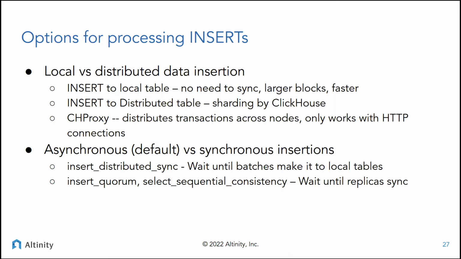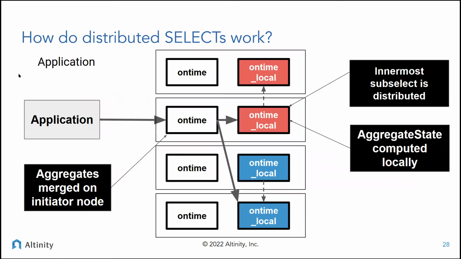These are a couple of settings that allow you to force replicas to sync before you get an answer back. It means your inserts will be slower, but you can guarantee, for example, that they reached a quorum of servers. If you had three replicas, the block would have to reach 2 of them before you'd get an answer back. So that's how we load data.